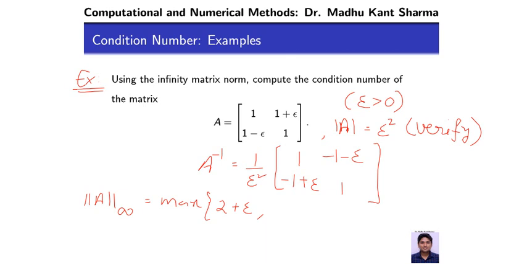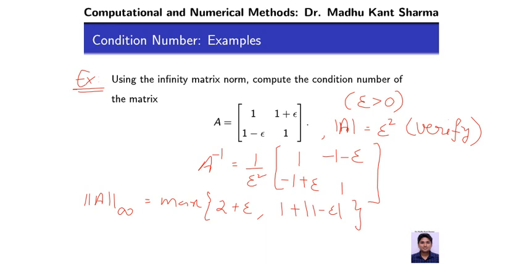For the second row you have the magnitude of 1 minus epsilon plus 1. Epsilon is greater than 0, but we don't know how far it is, so the second row sum is 1 plus the magnitude of 1 minus epsilon. If epsilon is less than 1, it is 2 minus epsilon, because 1 minus epsilon is positive in that case. So you can talk about different cases.